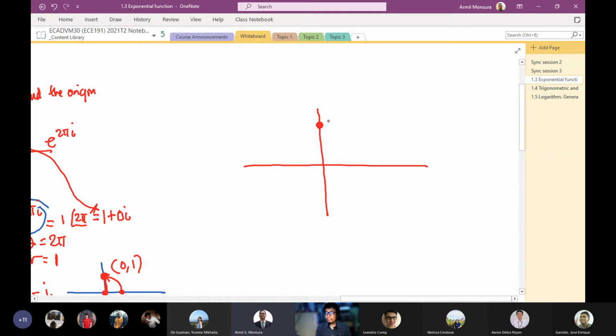Ayan. So say for example, this number is 0 plus I. So, again, a single point in the Cartesian plane points to a unique number.